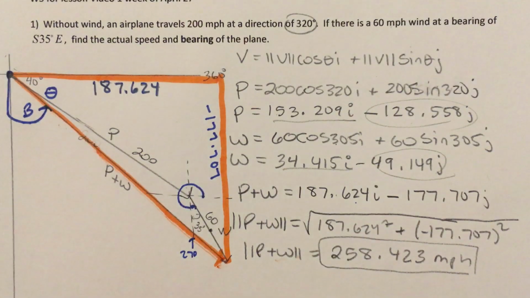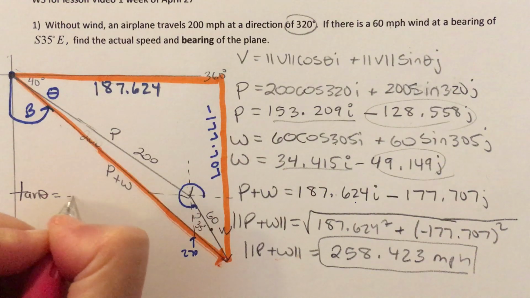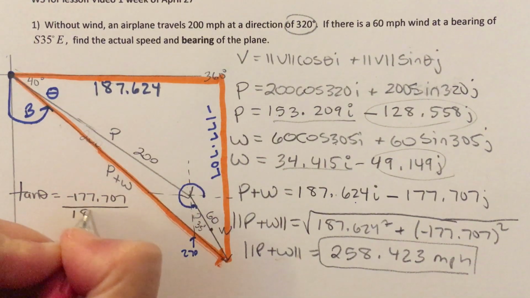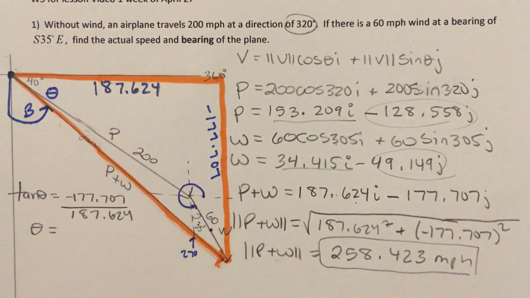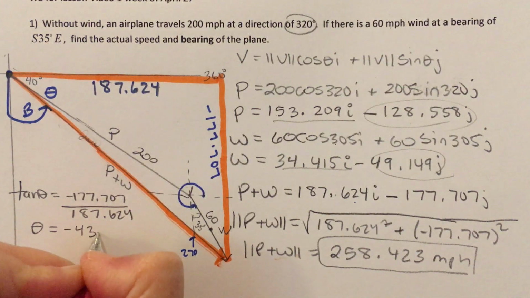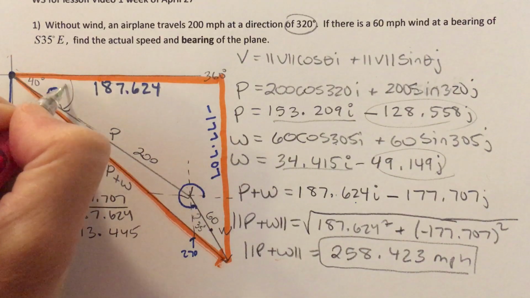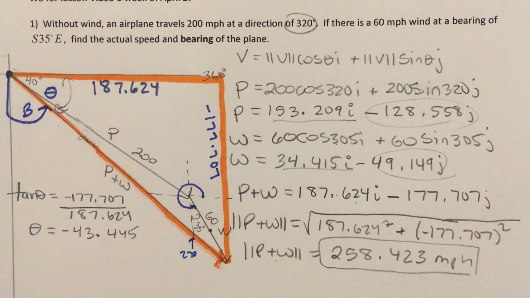So I'm going to do the tangent of my angle equals negative 177.707 over 187.624. Type tan inverse into my calculator, and it gives me negative 43.445.